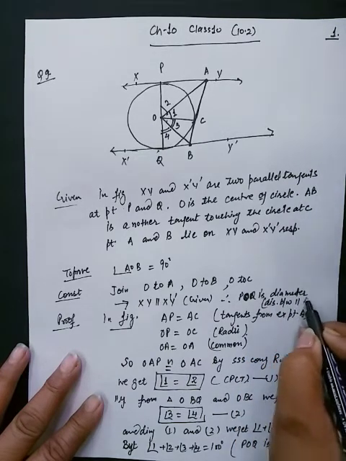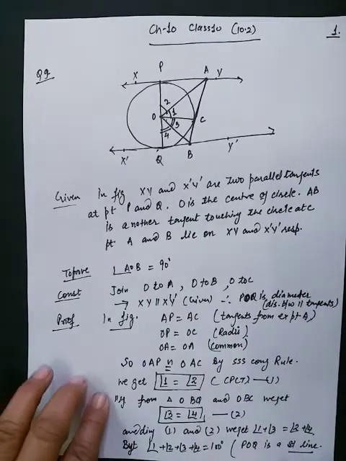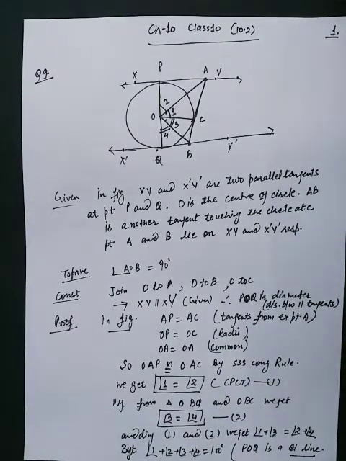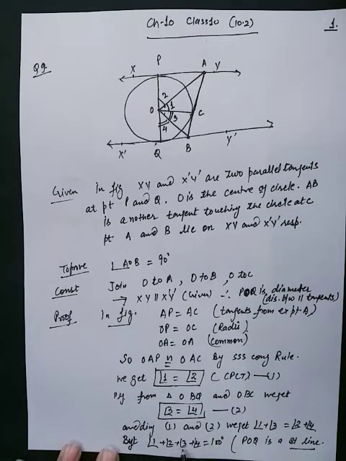parallel tangents. Now we have to use this result here. Angle 1 plus 2 plus 3 plus 4 will be 180 degrees because PQ is the diameter, or we can say POQ is a straight line. But we have proved that angle 1 plus 3 is equal to angle 2 plus 4.